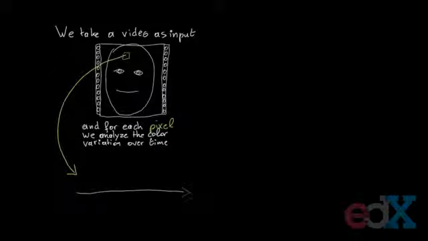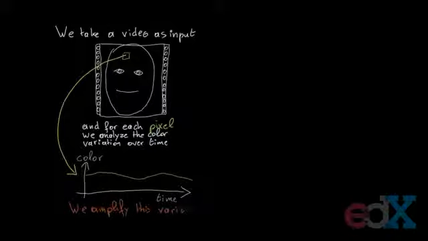We take a standard video as input, and for each pixel, we analyze the color variation over time. This is time. This is my color value. And if my input signal varies a tiny little bit like this, we amplify this variation, which gives us a much bigger variation for this pixel.